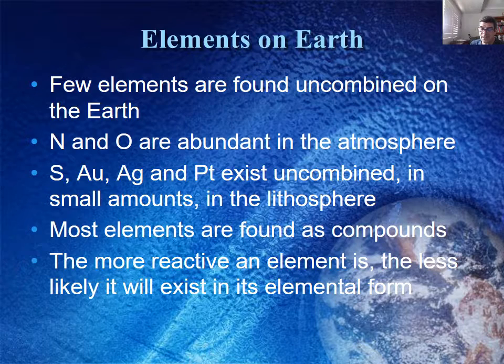Now the important thing is what happens in the spheres, in the lithosphere particularly, and there are very few elements that are found uncombined on the Earth. Now we know that nitrogen and oxygen are abundant in the atmosphere, above the surface of the Earth.